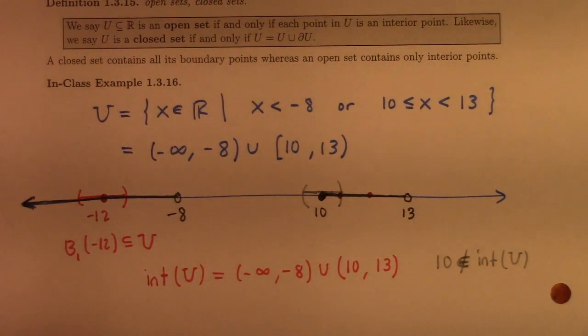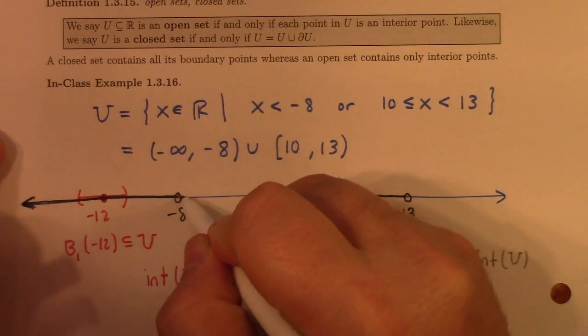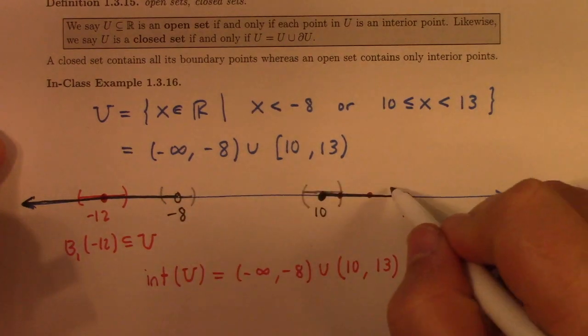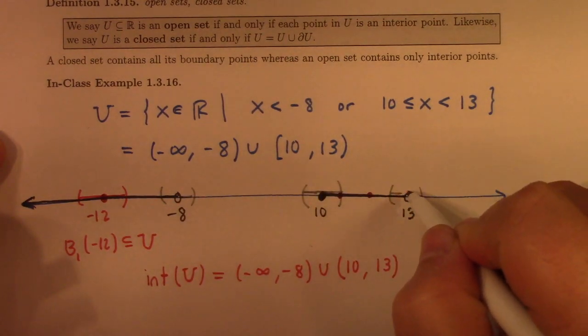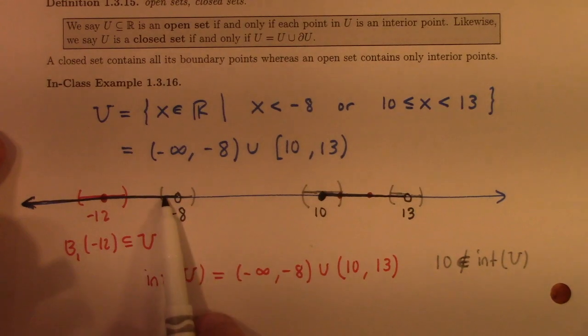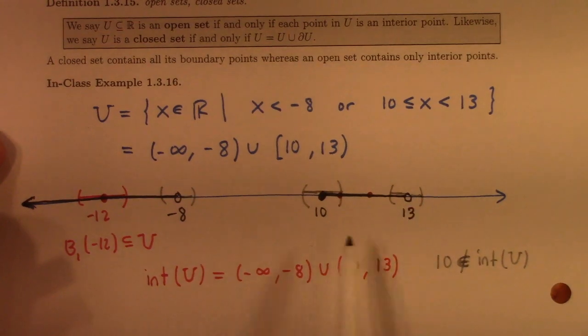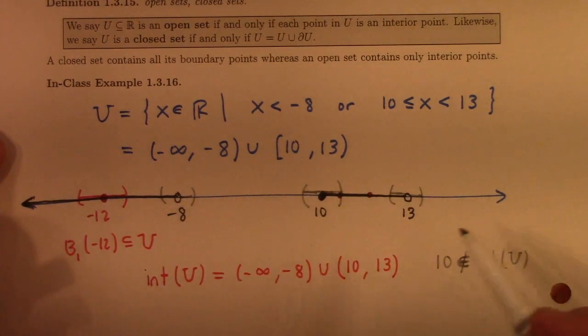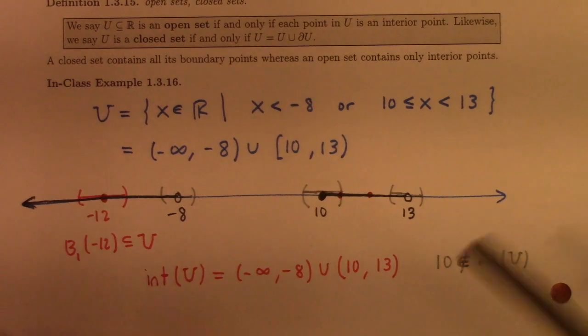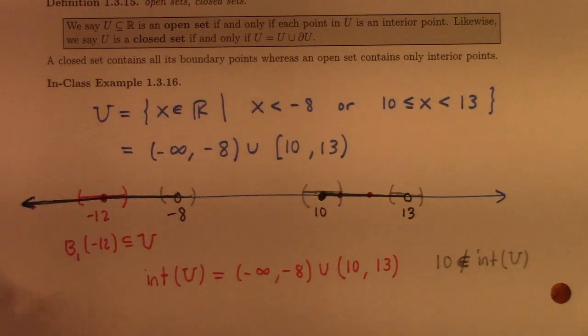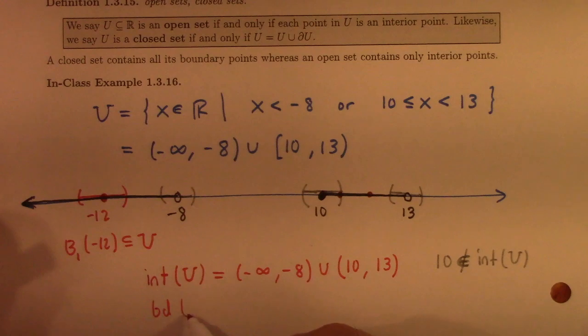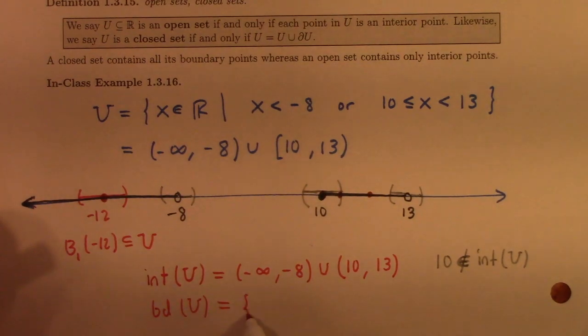All right, so how about boundary points? If you look at, well, I already did it for 10, but if you also look at any little open interval around -8, or any little open interval around 13, there's necessarily points both inside and outside. Inside, outside, inside, outside. That means these are boundary points. And so the boundary points of U include, what do they include?